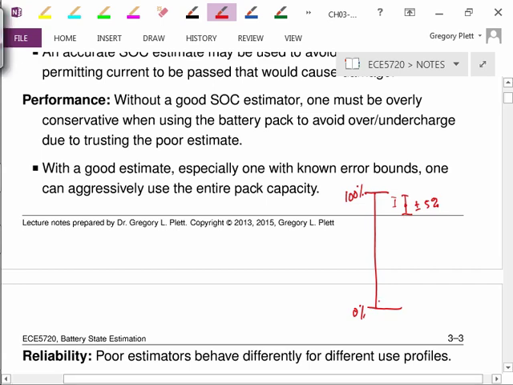Similarly, I would never discharge a battery pack beyond the point where any cell was at 5% because my margin of error says if I discharge a cell farther than that, it may result in an undercharged battery cell.